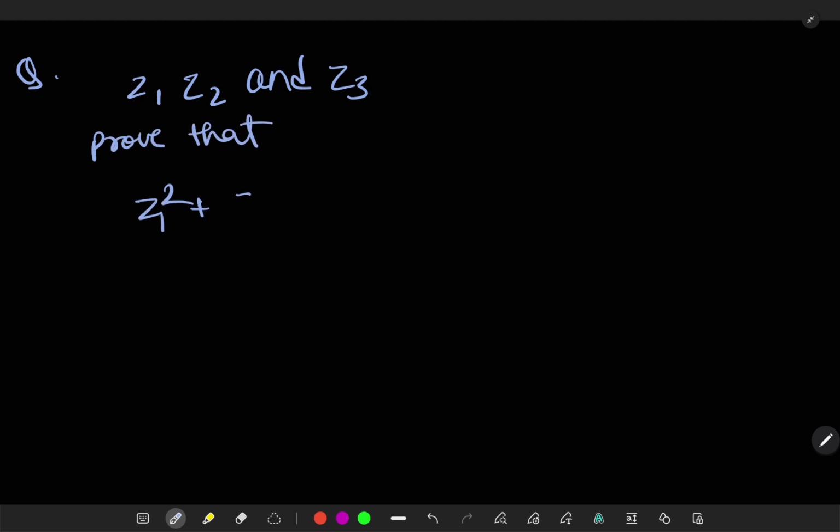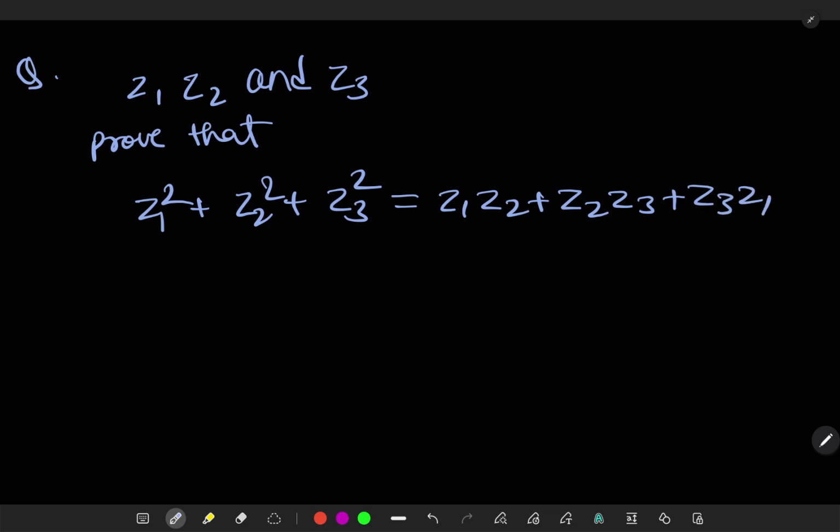Let's do another question. If z1, z2 and z3 represent vertices of an equilateral triangle, then prove that z1 square plus z2 square plus z3 square equals z1 z2 plus z2 z3 plus z3 z1.